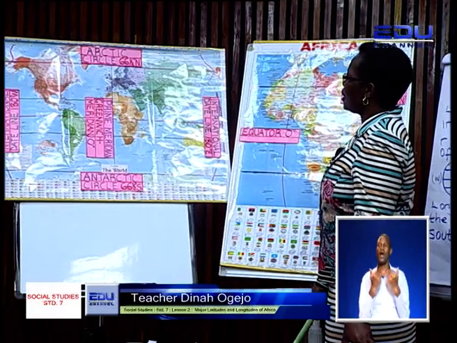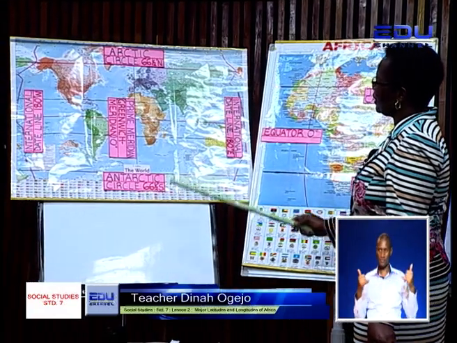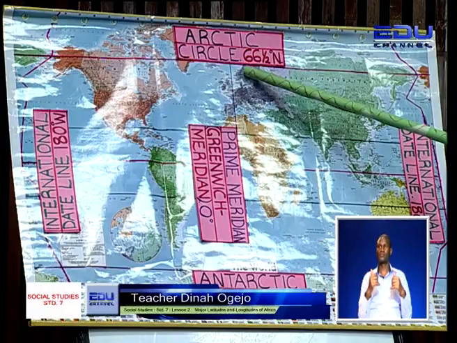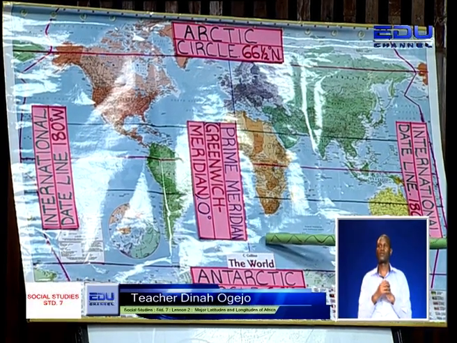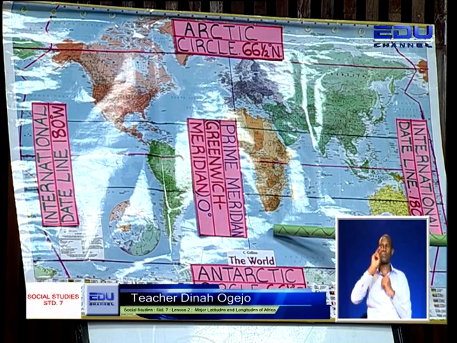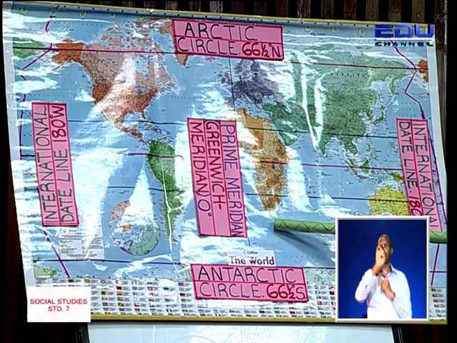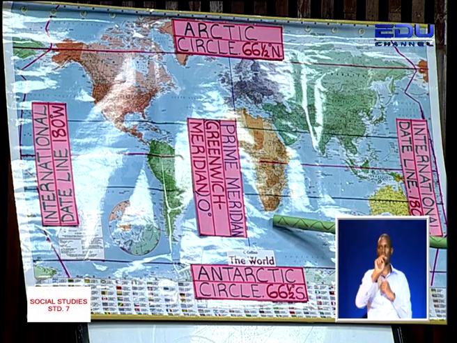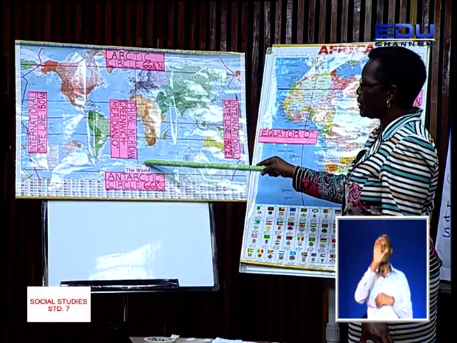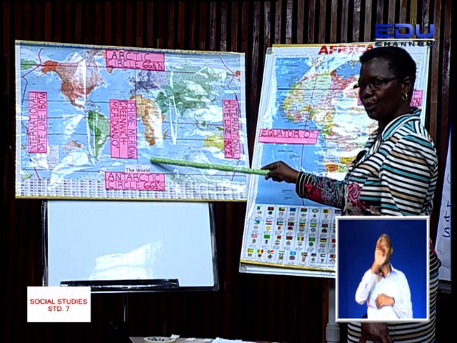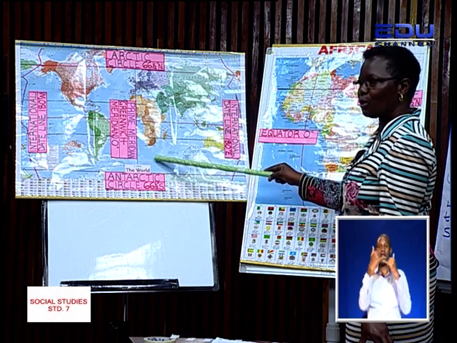The main line of longitude is here. It is called the prime meridian. Another name is Greenwich meridian. This line divides the world into two, east and west.